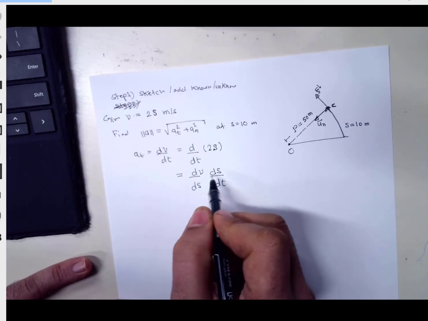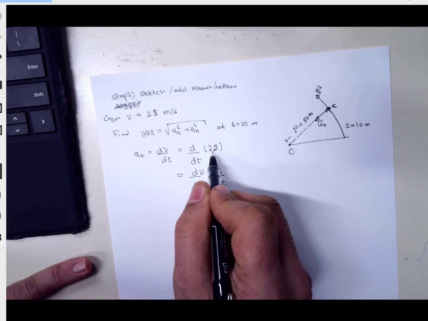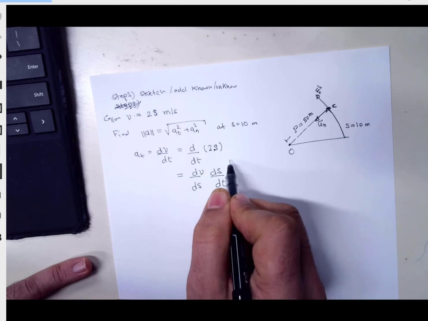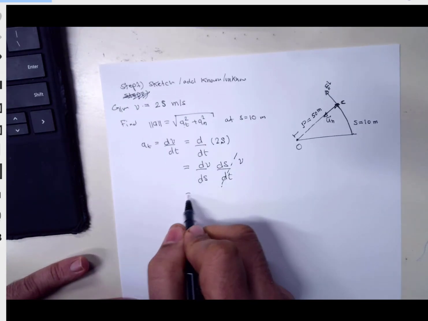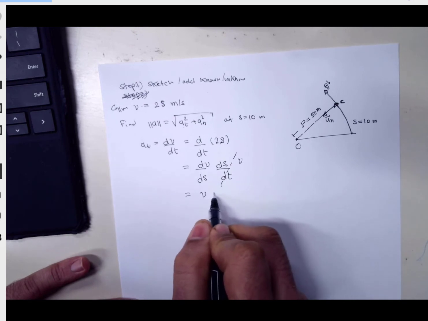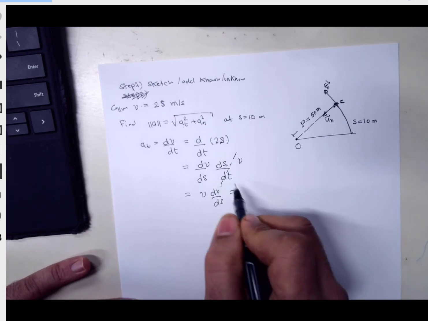And now, because of that, I can take the derivative of d2s. ds over dt we already know is the velocity. So this is equal to the velocity times dv over ds. What's the velocity?